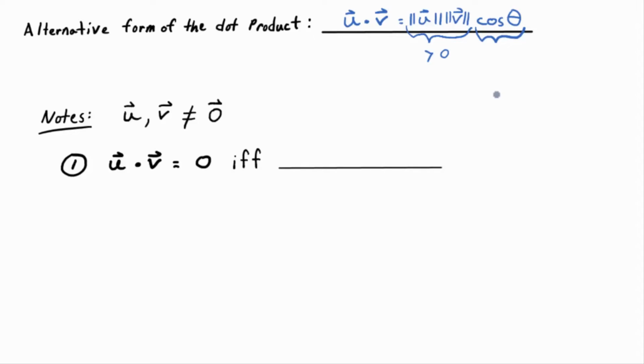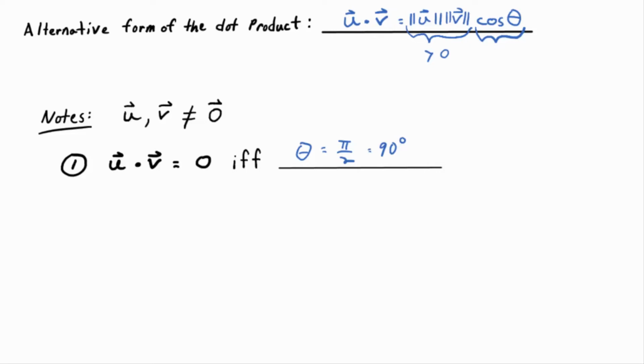Well, for what angle is the cosine of theta equal to 0? 90 degrees. So this IFF means if and only if. So u dot v is equal to 0 if and only if theta equals pi over 2 in radians or 90 degrees. Right? So the dot product is an orthogonal vector detector. I just like saying that. I think it rolls off the tongue.